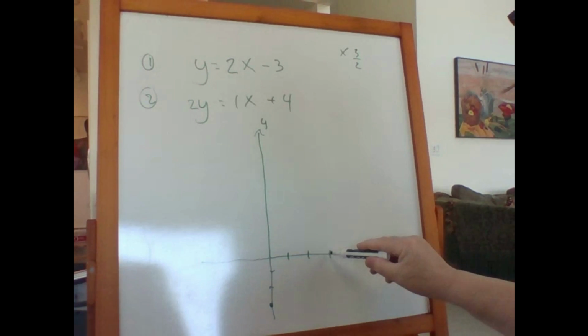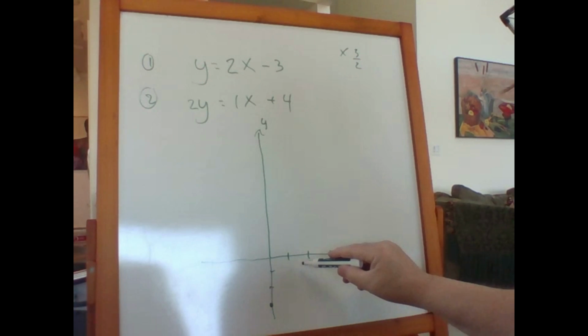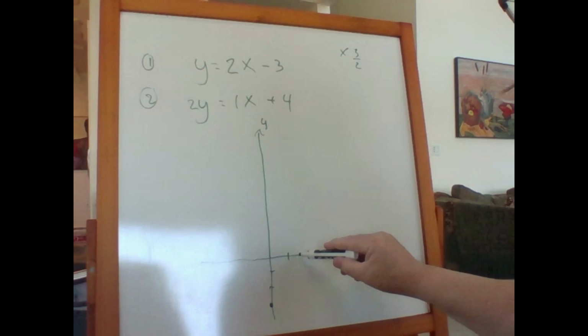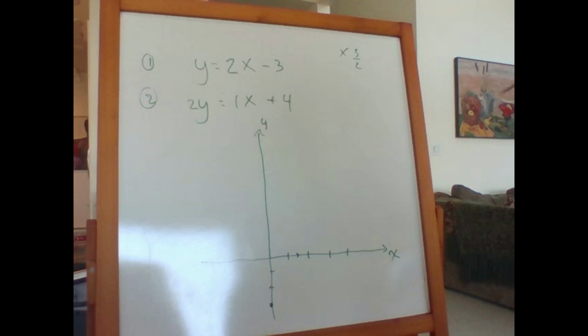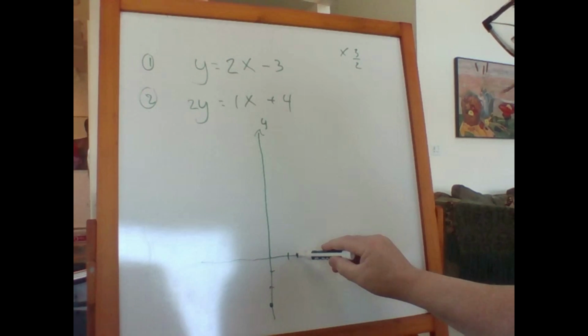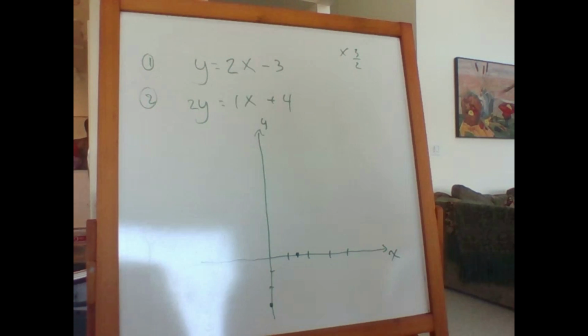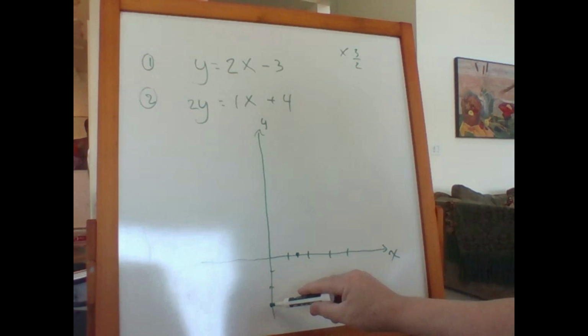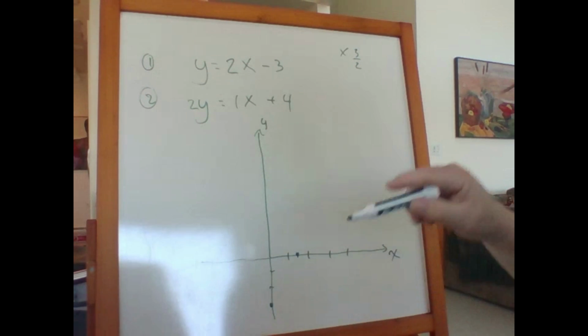This is 3 halves right here, 1.5, and so we have another point there. Remember, in order to draw a line, you always have to have at least 2 points to connect.